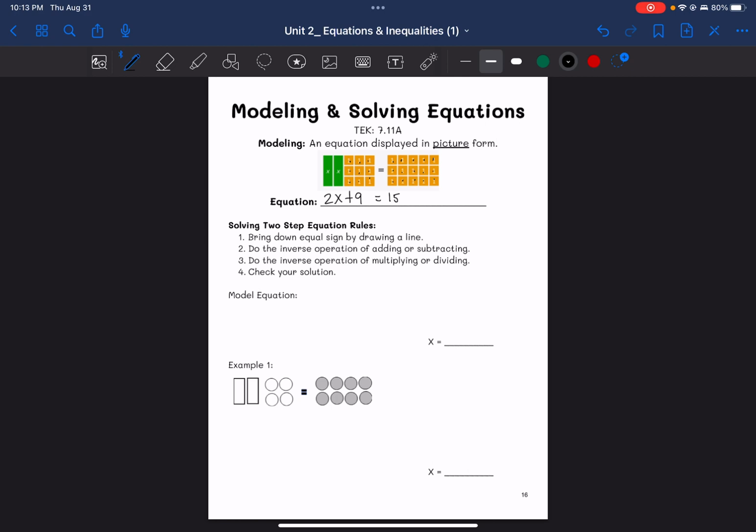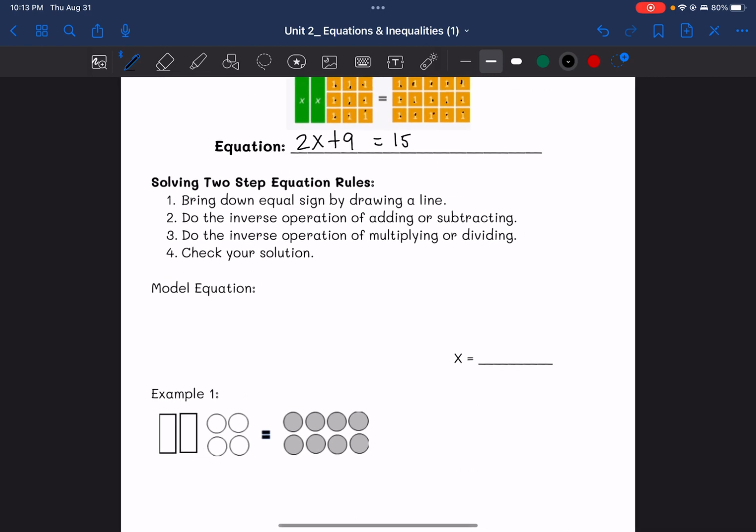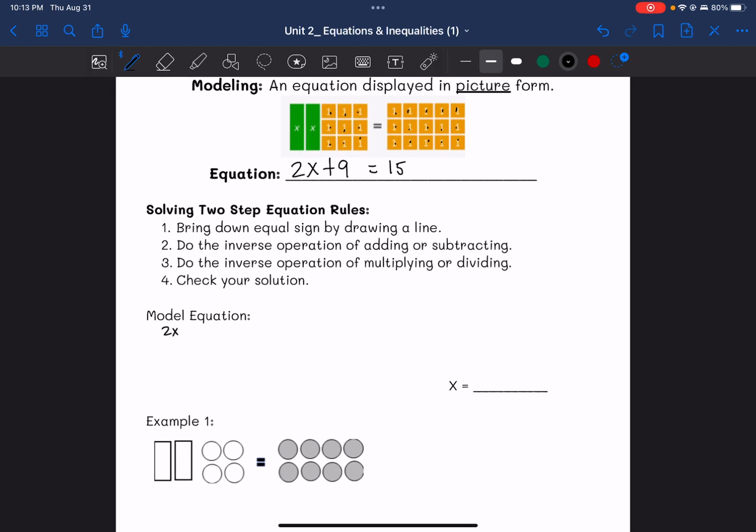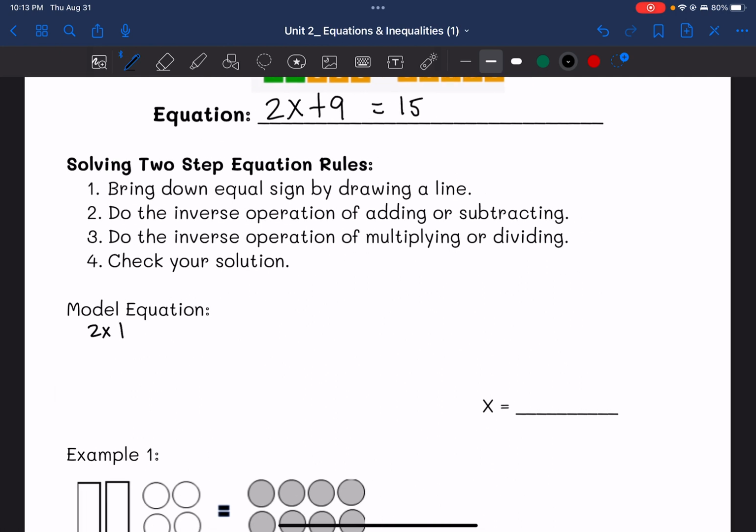All right, so here, we're going to rewrite 2x plus 9 is equal to 15, okay? I'm going to draw a line down the middle of the equal sign, and I'm going to go ahead and box or circle my constants in red and box my variable terms in green, okay?